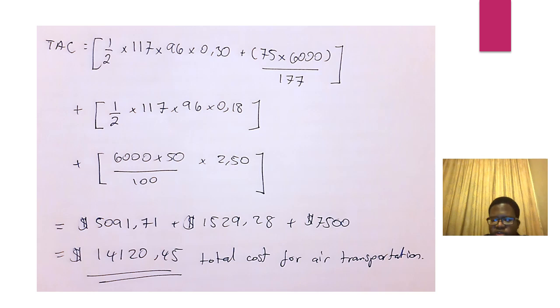Then where we talk about our cost of inventory in transit, this is the 1 day in transit over the 2 day cycle time, when we multiply together with the figures given, we get $1,529.28. Then our cost of transportation, where we now include our air carrier rate of $2.50, gives us 7,500.